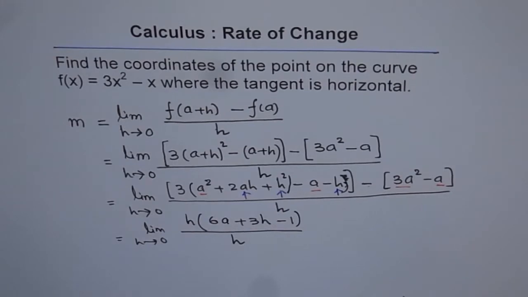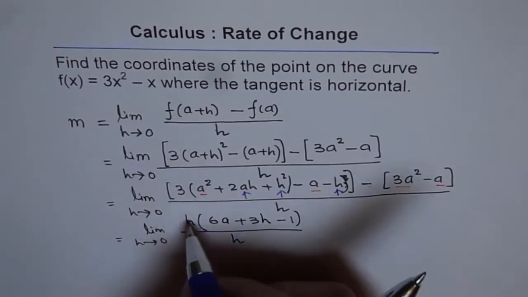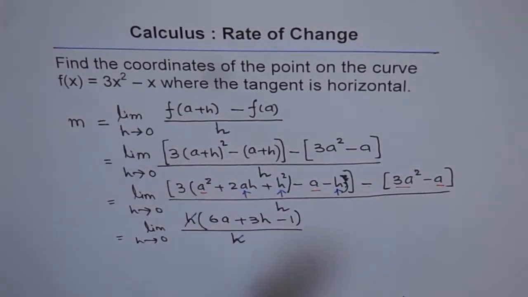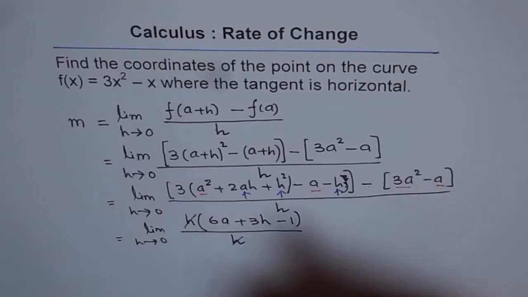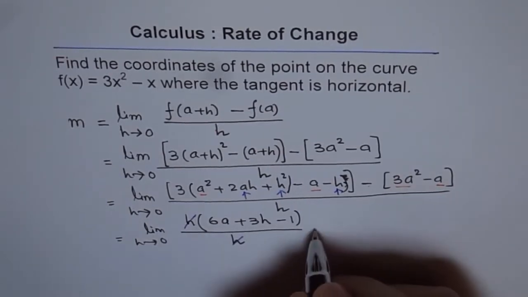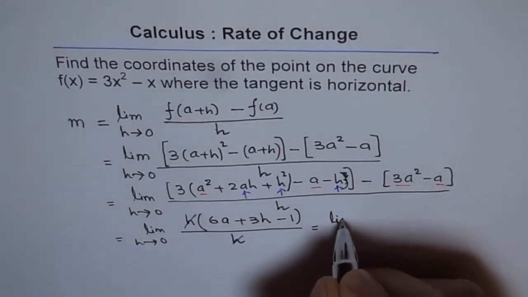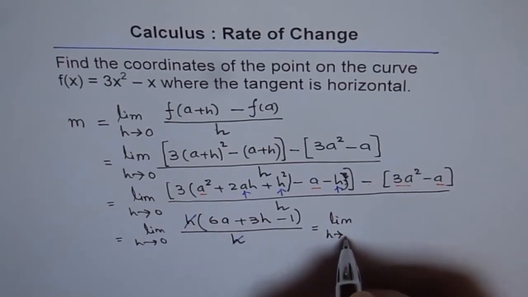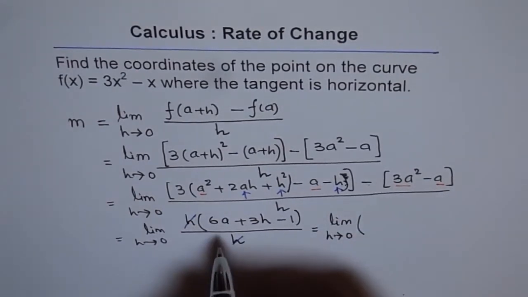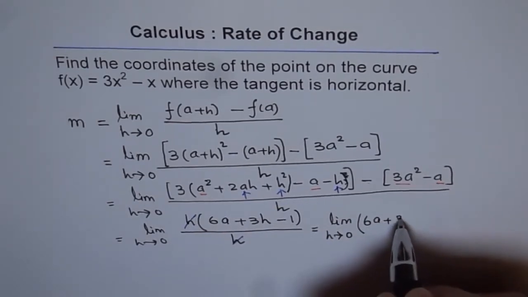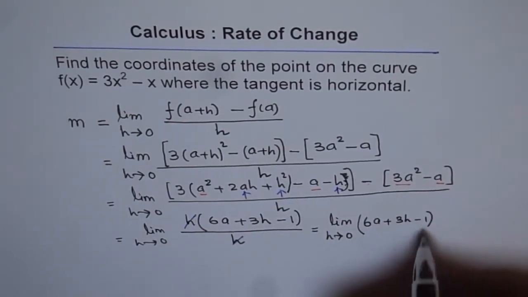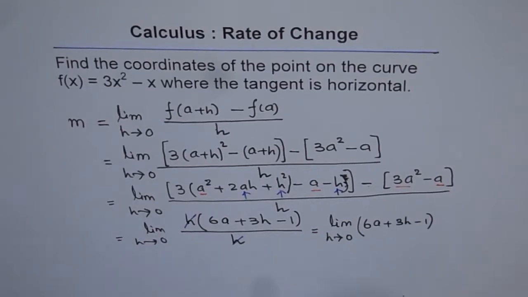Now here what you see is we have h over h, so we can cancel it. h divided by h is 1, and 1 times anything is that thing. So we get limit h approaches 0, and we have our slope as 6a plus 3h minus 1.